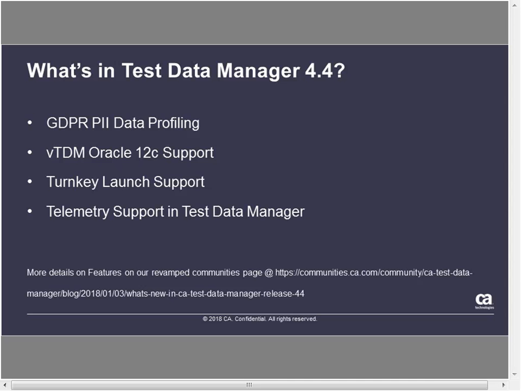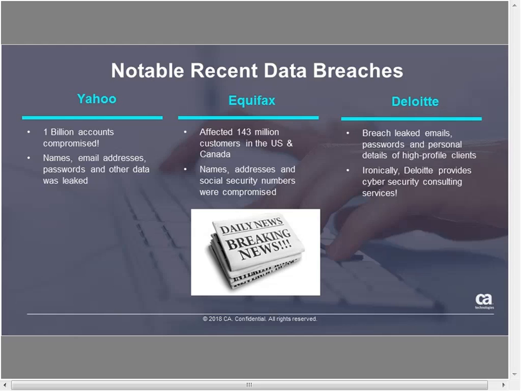So starting with the first one, GDPR and PII profiling. Let's take that because that's the biggest feature that we spent time on, because that's critical for us. Why we wanted to look at GDPR and PII profiling as one of the features is you hear in the news about Yahoo account leaks, the Equifax issues, and other law issues.